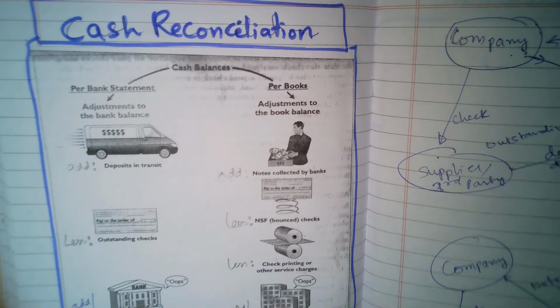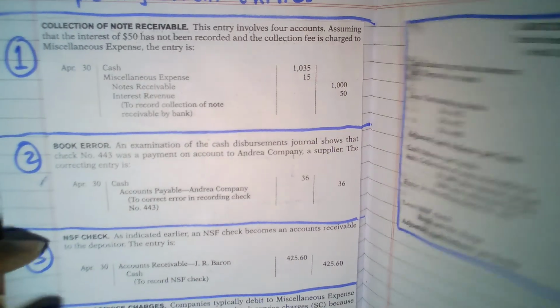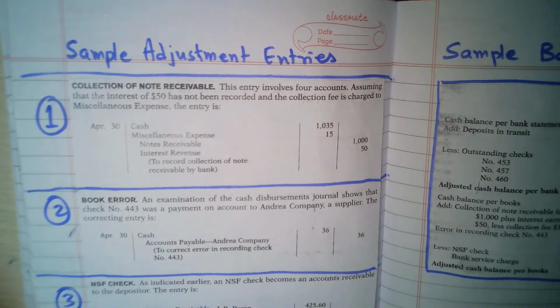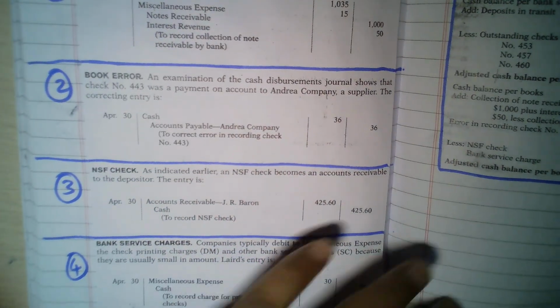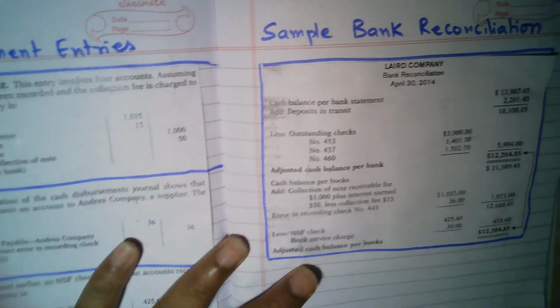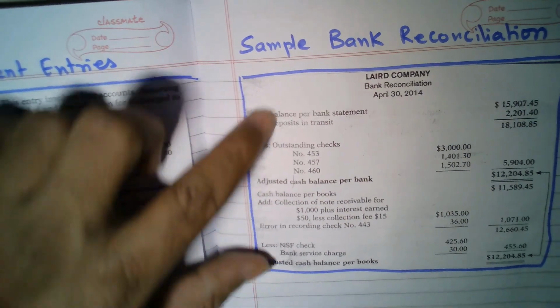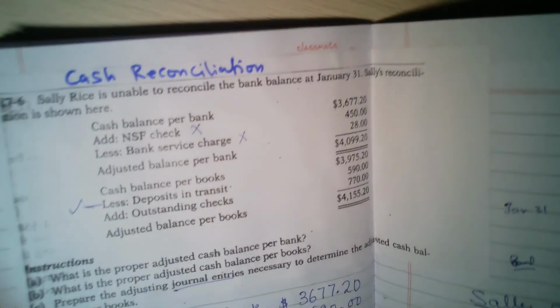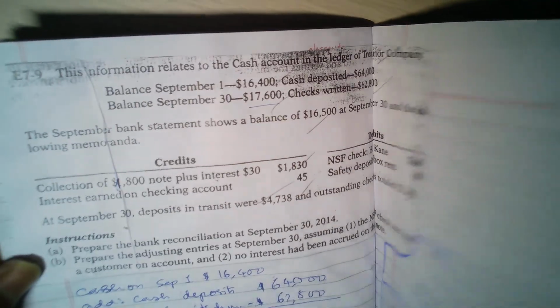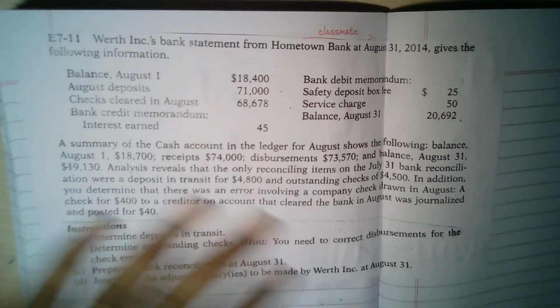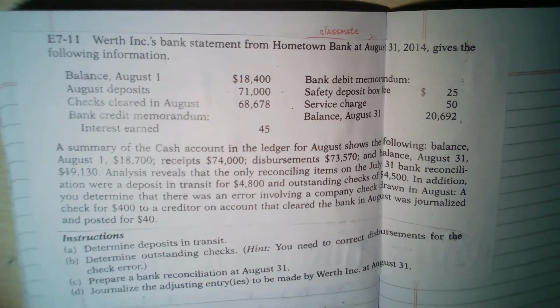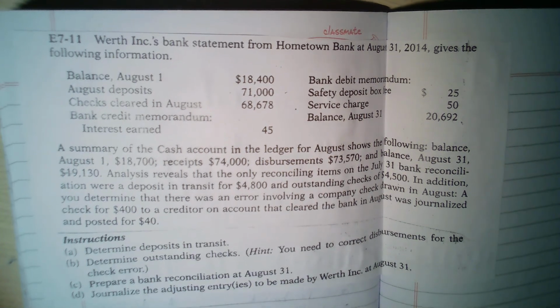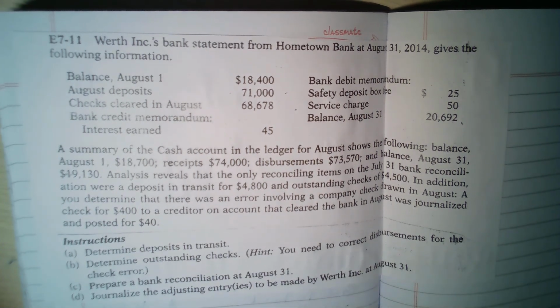We have seen a lot of videos. For example, sample adjustment entries, how to do them, and how a sample reconciliation bank statement looks like, and what the sample entries in that are. We discussed several problems in our previous videos, and now we come to this particular problem, E711. This problem is being taken from a book called Financial Accounting.